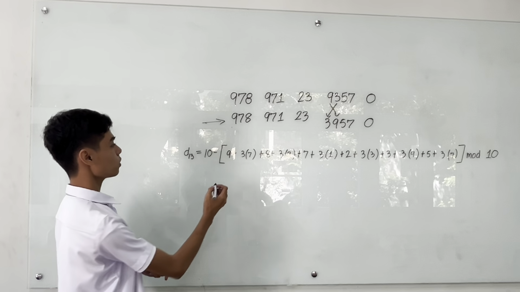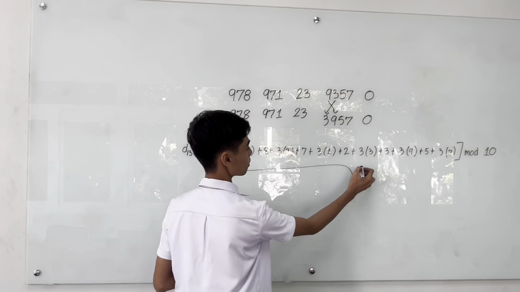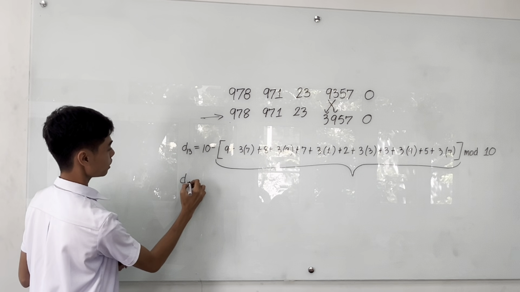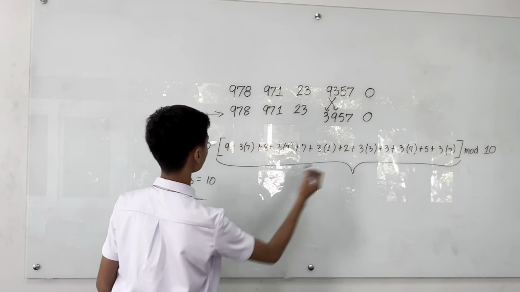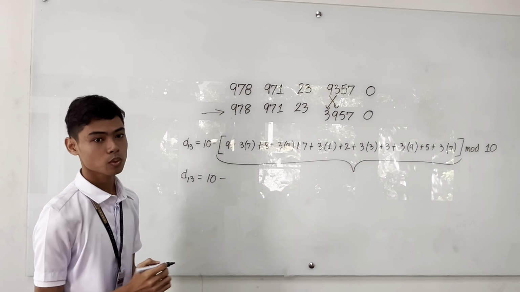So we have to calculate this part first. D13 is equal to 10 minus, and this part is equal to 142. Then we put modulo 10.